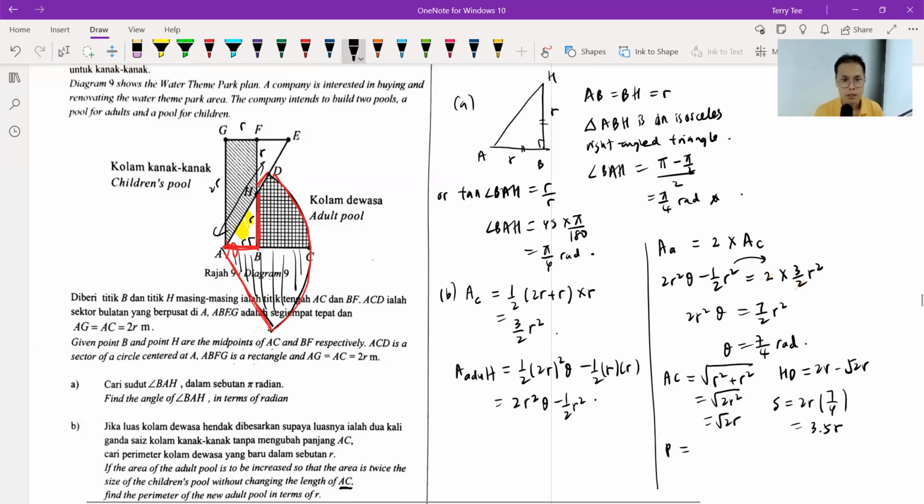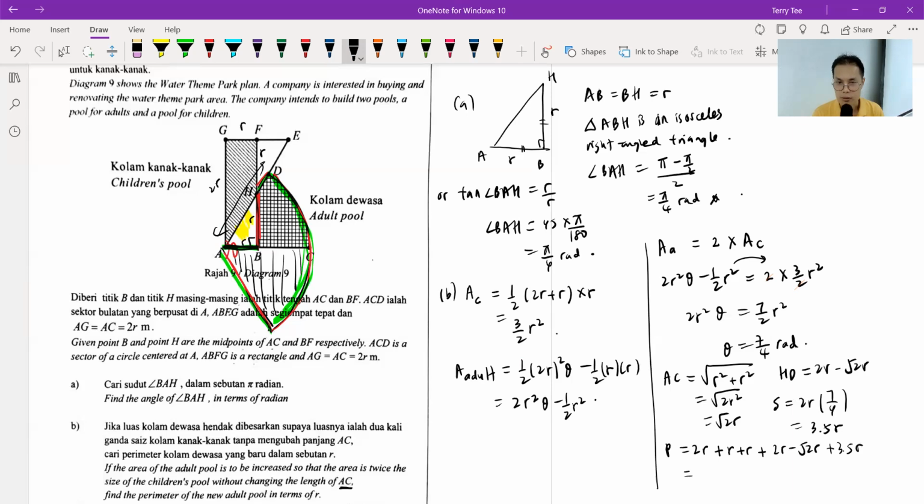So let's add them up. First, we take 2r. The 2r is over here. Then you add 1r, 1r, then plus HD. HD will be 2r minus square root 2 r. Then you add one more. The last part is the length of this arc, the green one, which is 3.5r.